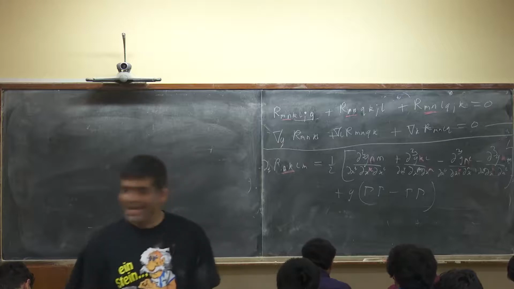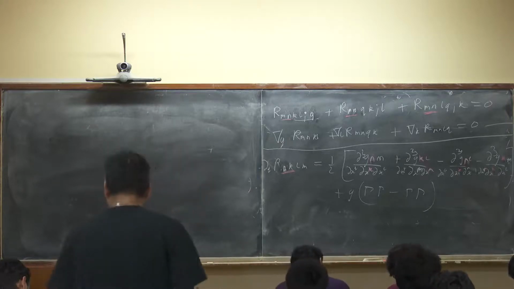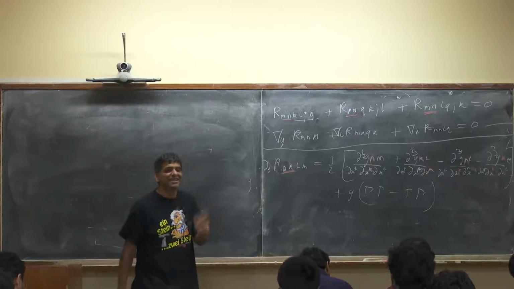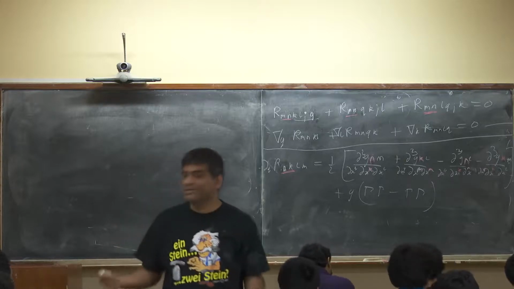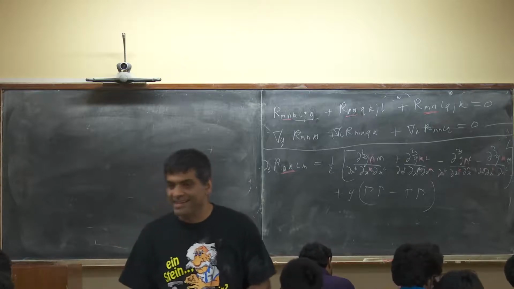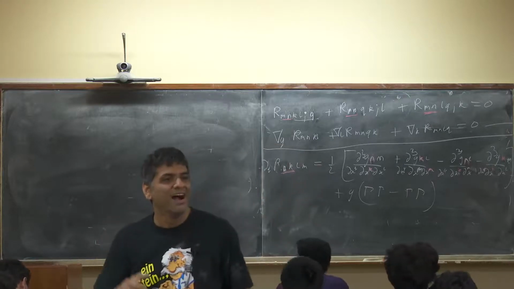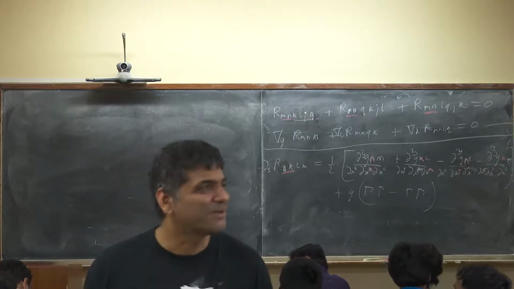This identity is the analog in gauge theory of the Bianchi identity of gauge theory. The identity that df is equal to 0, that epsilon ijk del i fjk is equal to 0.